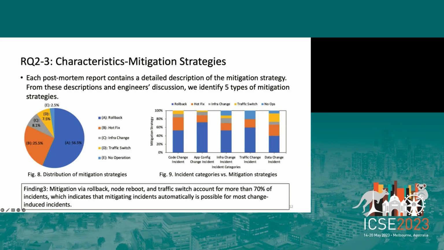What's more, mitigation via rollback, node reboot, and traffic switch account for more than 70% of incidents, which indicates that mitigating incidents automatically is possible for most change-induced incidents.